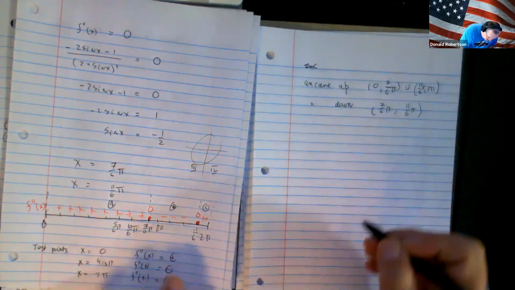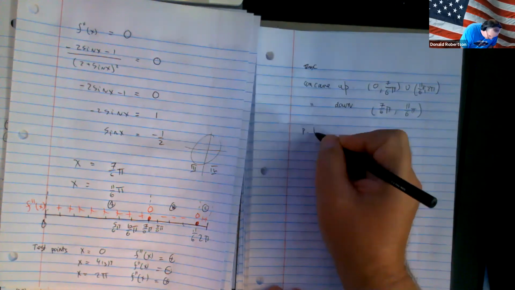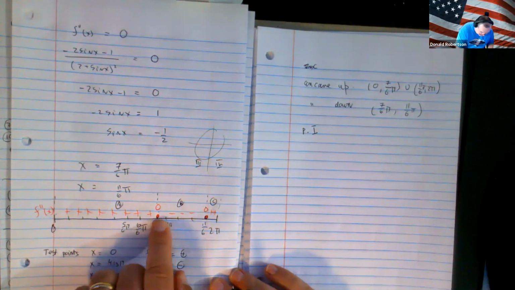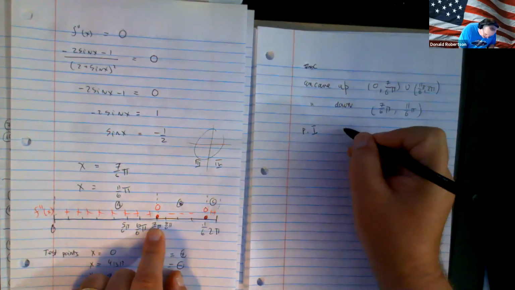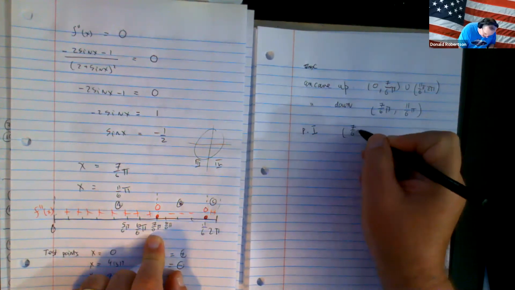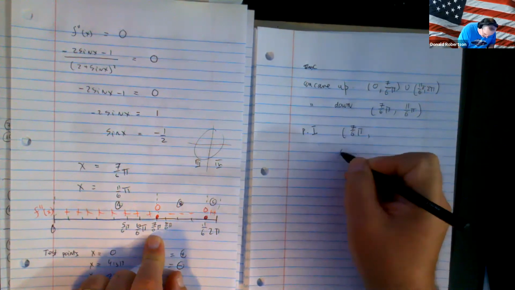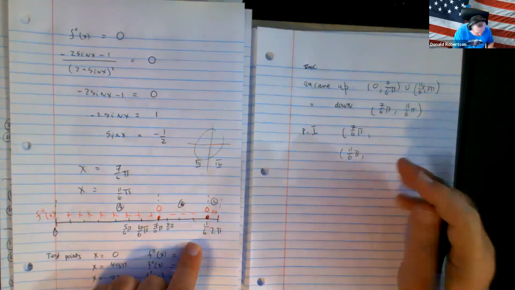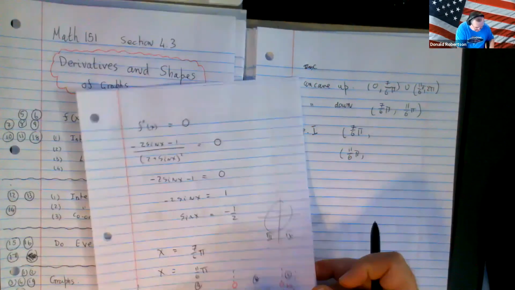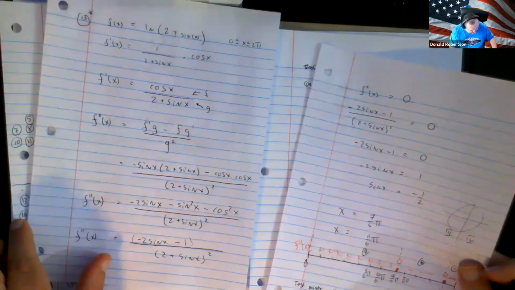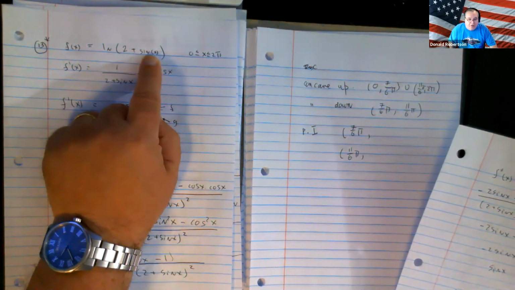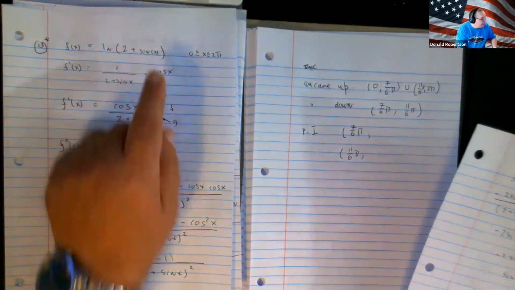I can even tell you the points of inflection, and they happen to be at these guys. So it's going to be at 7π/6 and 11π/6, and those are the x coordinates. And to find the y coordinates, I go right back here and I plug in 7π/6 and then 11π/6.